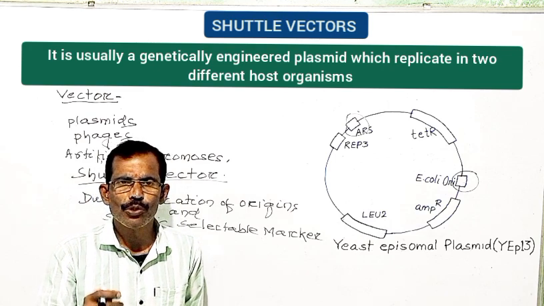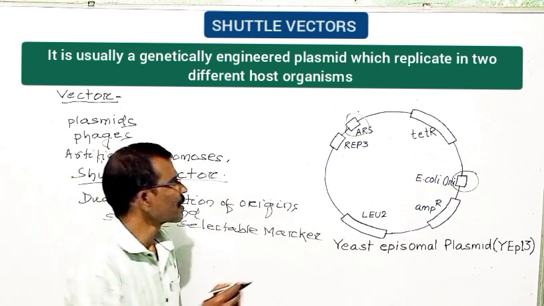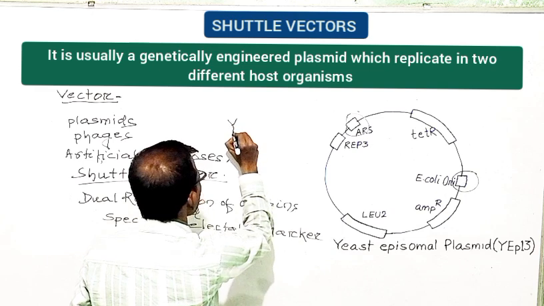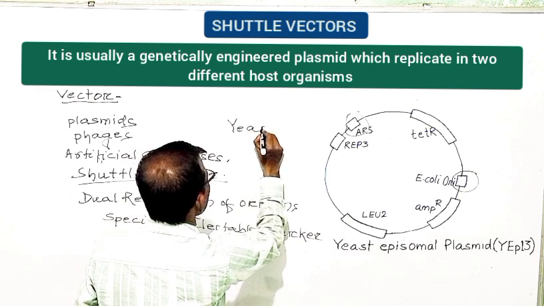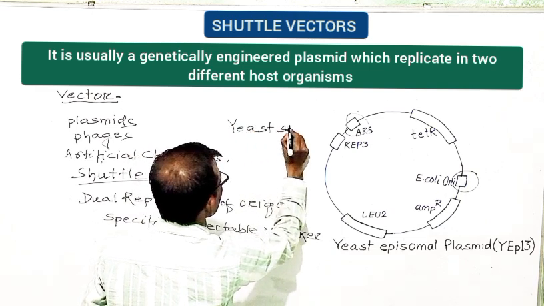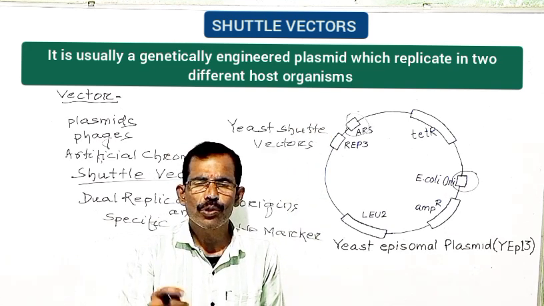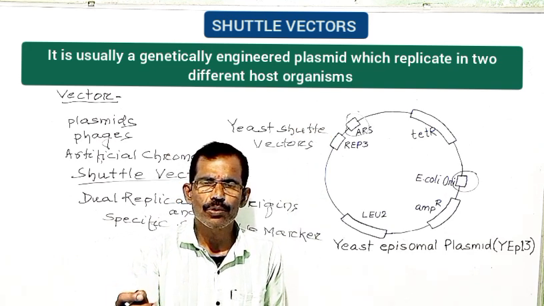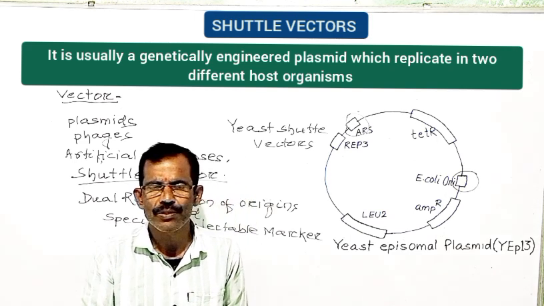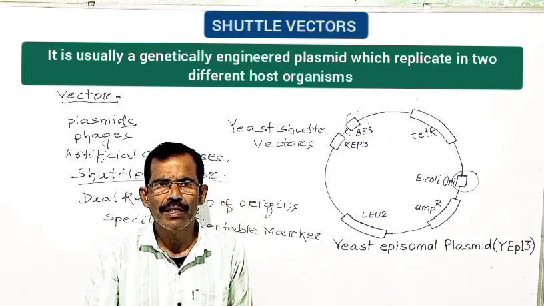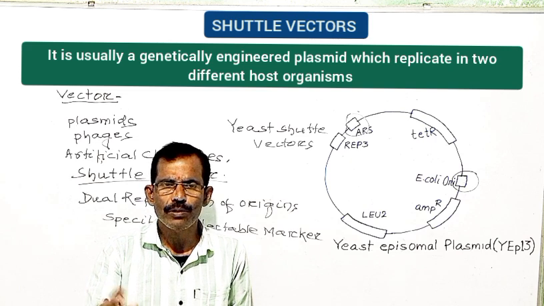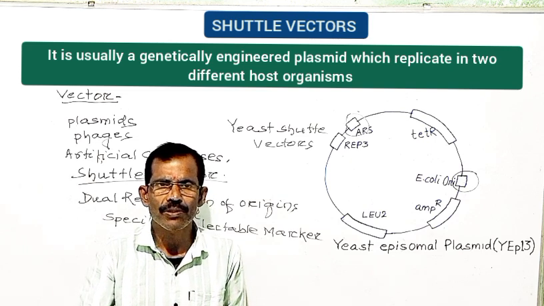One of the most common types of shuttle vector is the yeast shuttle vector. Almost all of the commonly used Saccharomyces cerevisiae vectors are shuttle vectors which can propagate in E. coli and also in Saccharomyces cerevisiae.